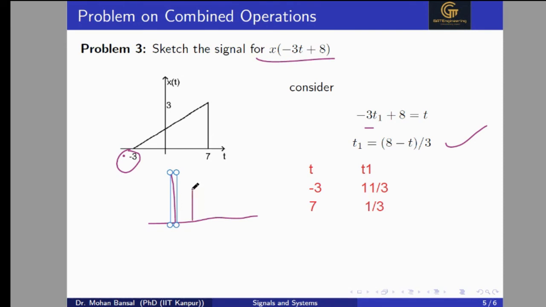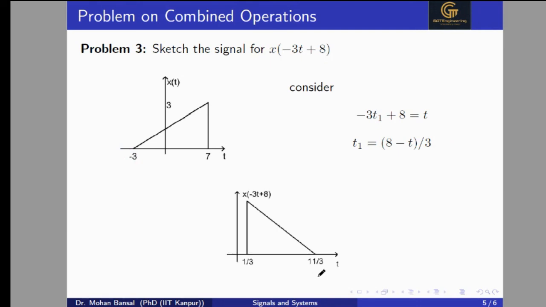Whatever value we have at t = 7, we'll get at 1/3. Whatever value we have at t = -3, we'll get at 11/3. So the signal will be like this: this will be 1/3, and here we'll get 11/3. The signal is plotted here.